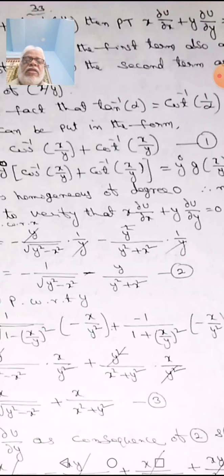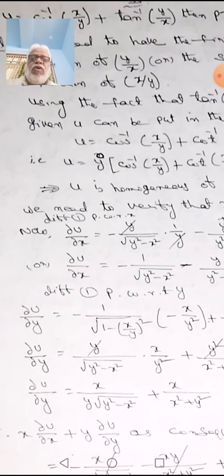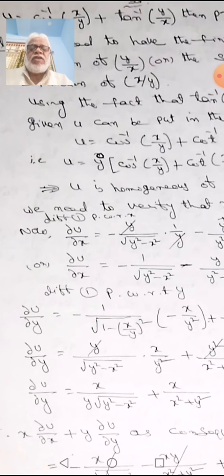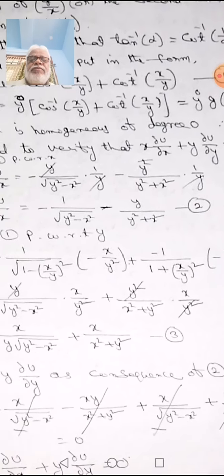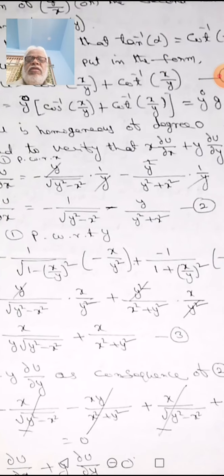So here y cancels. ∂u/∂x is minus 1 by root of y square minus x square, minus y by y square plus x square. That is the second equation.